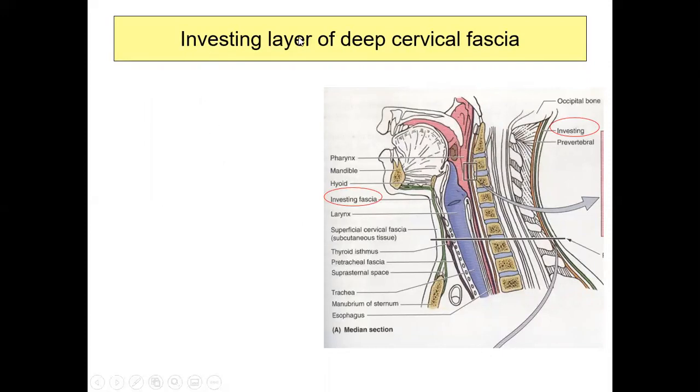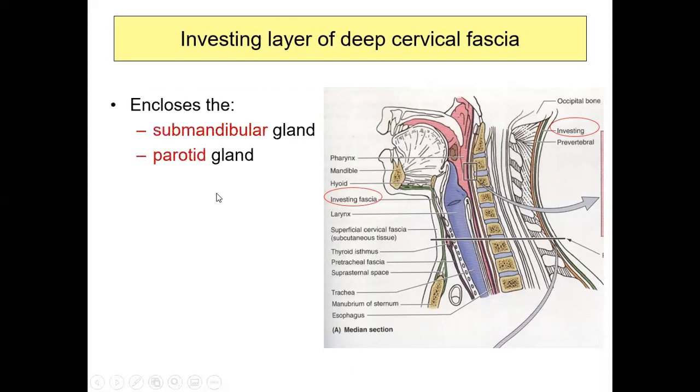For the investing layer of the deep cervical fascia, we're going to discuss the deep cervical fascia one by one, starting with the investing layer. If you see from this picture, the green colored line represents the investing layer of the deep cervical fascia. This layer encloses the submandibular gland, and not only the submandibular gland, it also encloses the parotid gland.